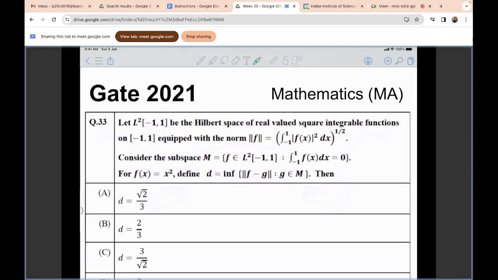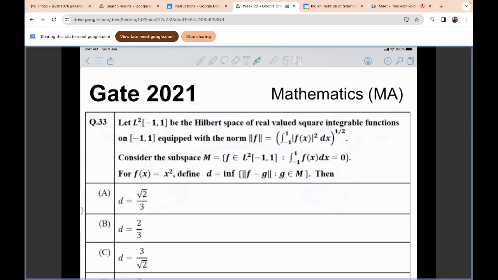Today we'll solve a GATE 2021 question. This is a question from functional analysis, question number 31. Let L2 of minus 1 to 1 be a Hilbert space of real valued square integrable functions on minus 1 to 1, with the L2 norm.